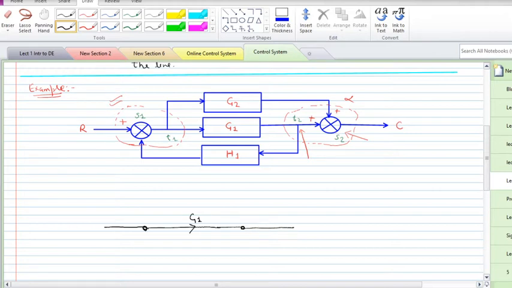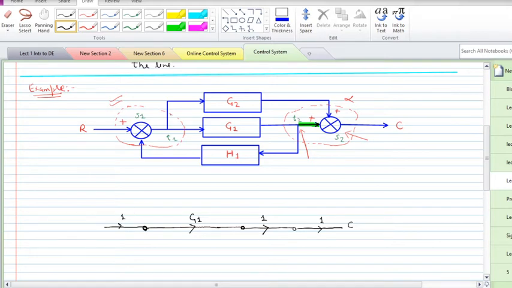Then this is your S2 node. The transmittance between T2 and S2, you have to consider as 1. After that, it is C here, and this is 1, this is 1.